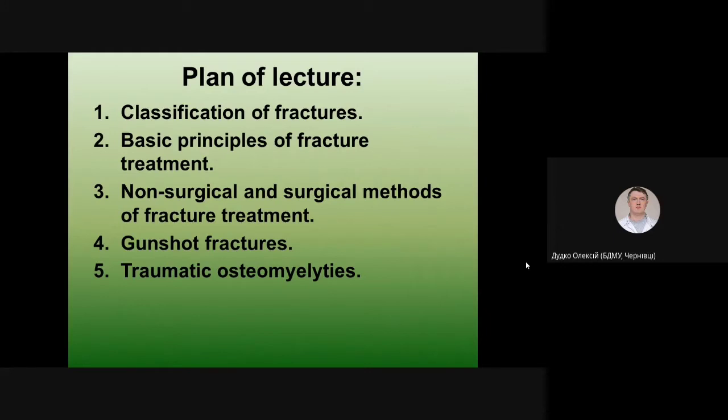And surgical treatment, when we use different implants, that's actually internal fracture fixation, external fracture fixation, and the different combinations. So we'll focus with you on indications for these surgeries, possible merits and demerits, and as well as rehabilitation of the patient after such treatment.